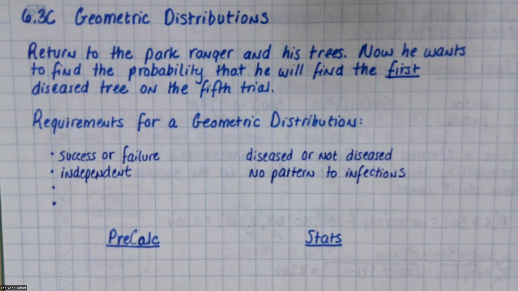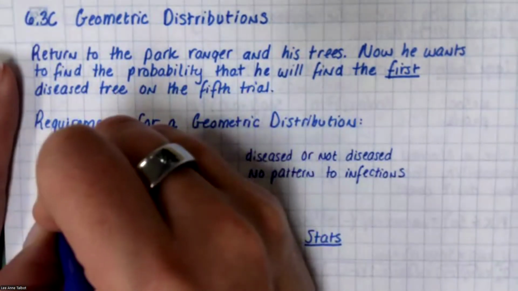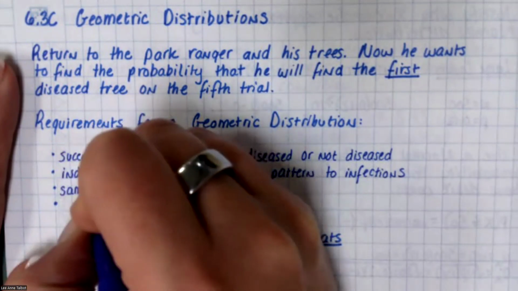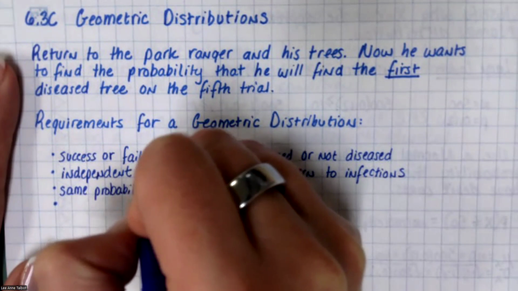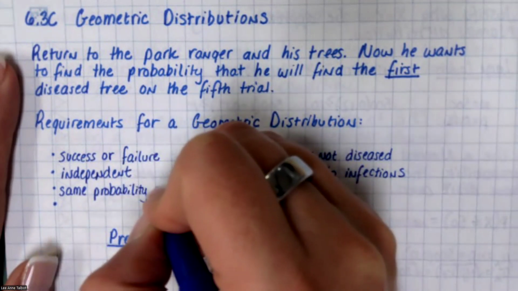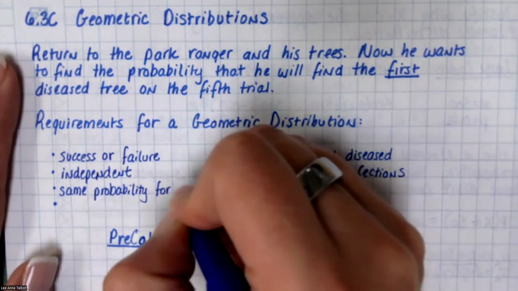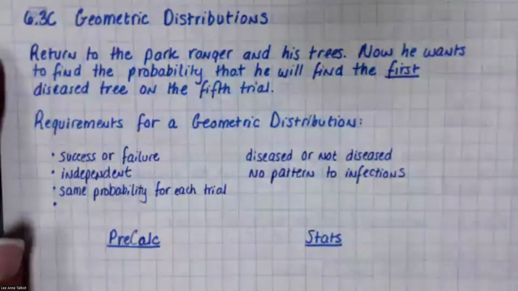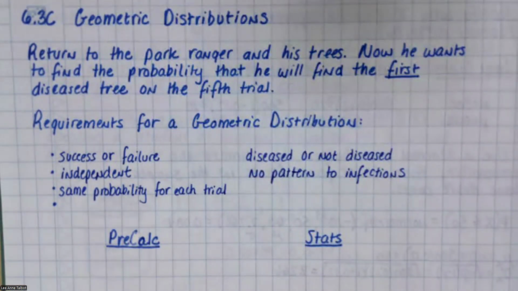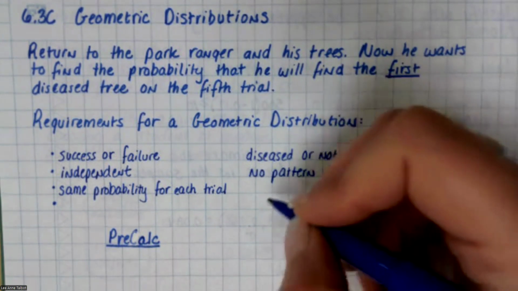Another thing that's the same is the probability for each trial. Do you remember what it is for the tree situation?